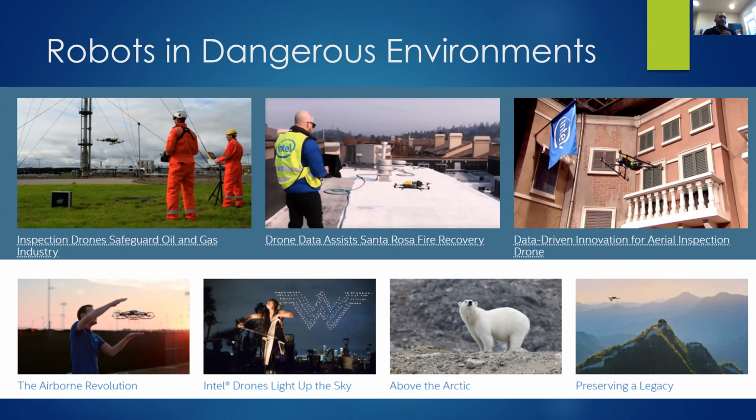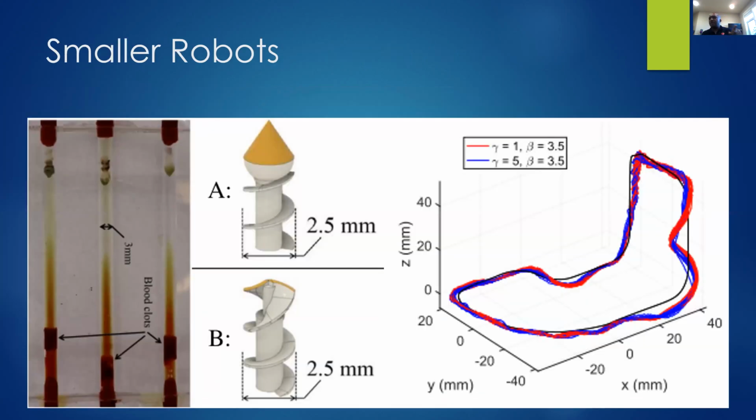You talked a little bit about microfluidics. This is from a friend from University of Illinois, in my research group, Aaron Becker. And so this isn't quite microfluidics, but it's smaller robots. These are 2.5 millimeters, and they're doing the steering with magnetism. He's been doing this since we were in grad school. But the idea is they want to steer these small robots, or we'll call them robots, to blood clots.